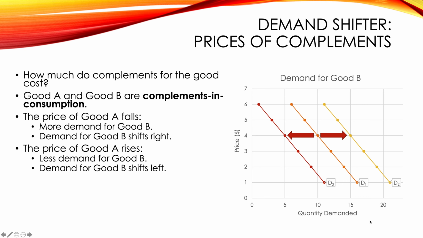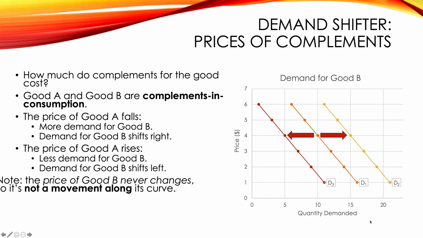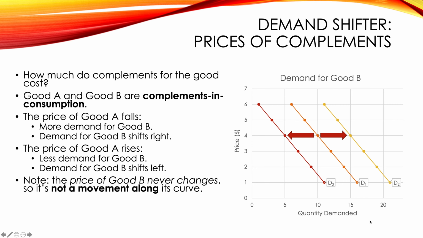And similar to the last slide, the price of good B is never actually changing here, so it's not a movement along the curve situation. It was the price of a related good, in this case a complement called good A, that changed. So when you're answering assessment questions, just because you see the word price changing doesn't mean it's a movement along the demand curve. You have to pay attention to which good the price is changing for.